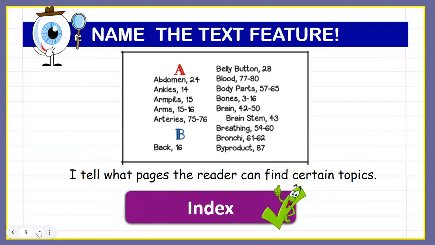Index tells what pages the reader can find certain topics. Now, when you take up your book, if you look at the back, you will find your index. Remember, boys and girls, your index can be found at the back of your books, and it tells what pages you can find certain topics.